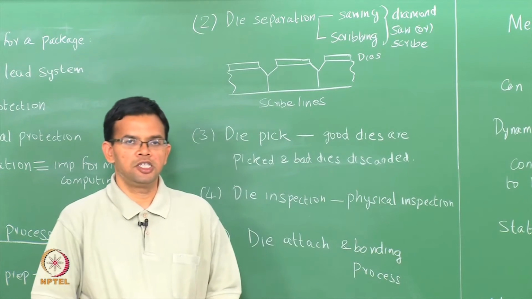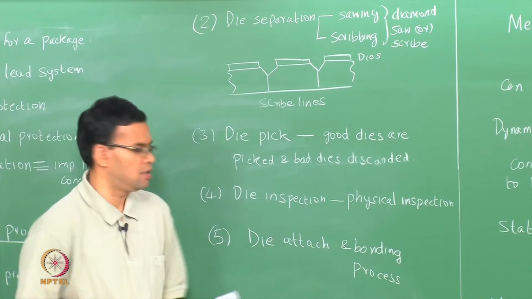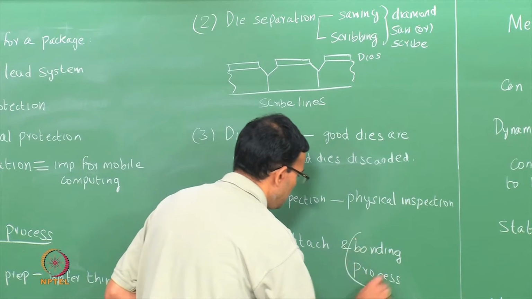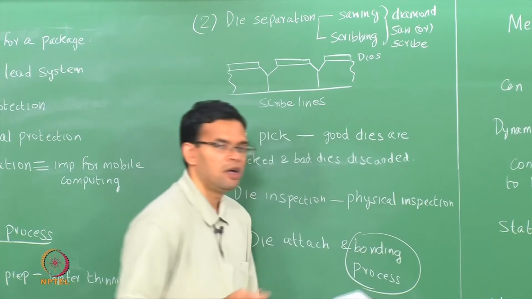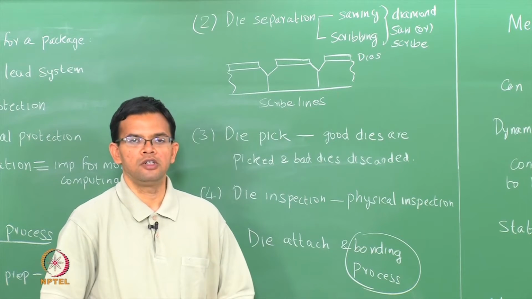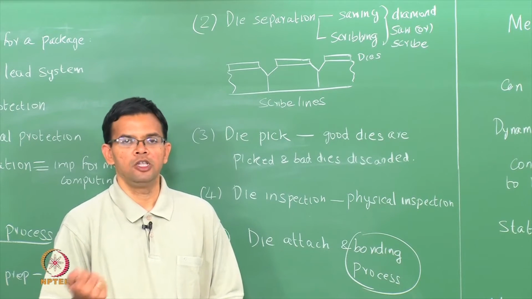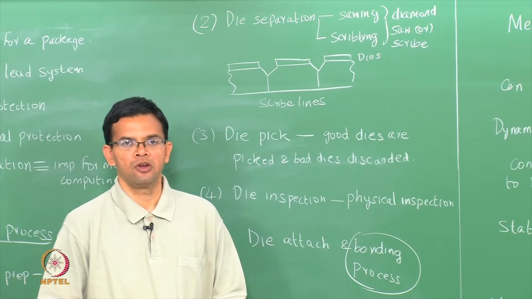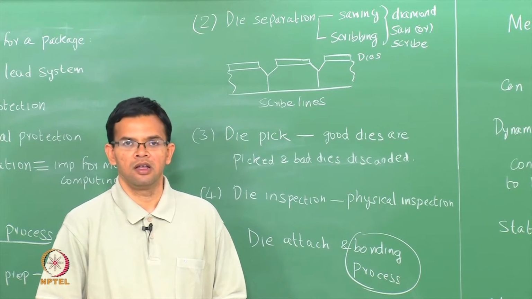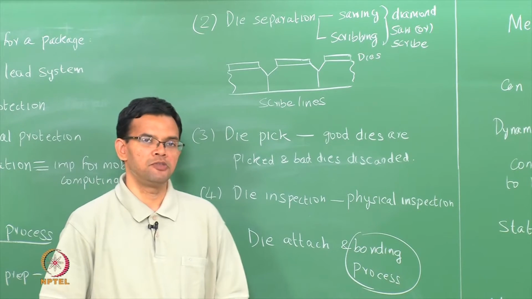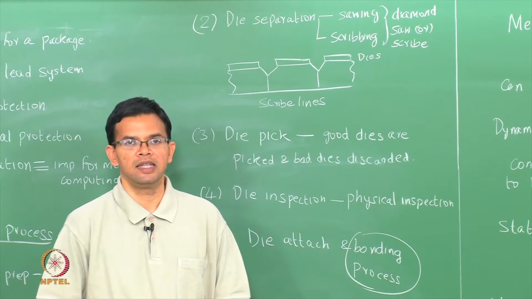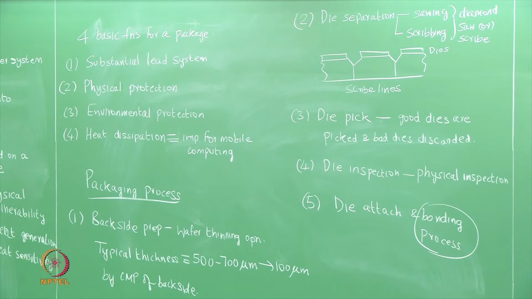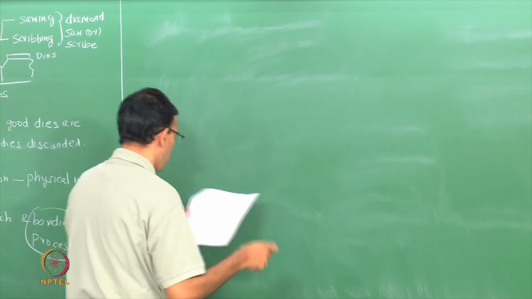This is essentially the most important part in the packaging process, the bonding. Here the die is bonded to the package and also the leads are attached to make the electrical connections. There are different ways in which bonding occurs. We will see that next. So, we will look at the bonding process.